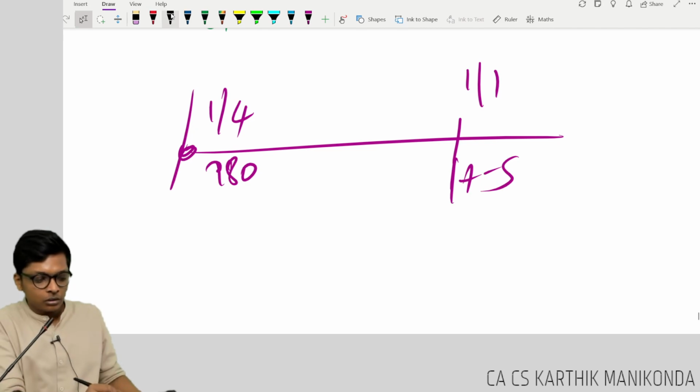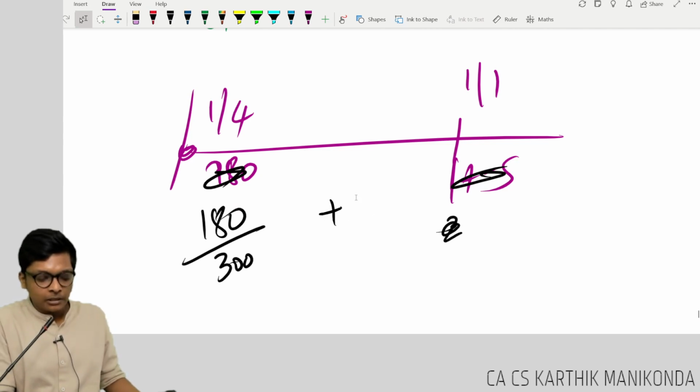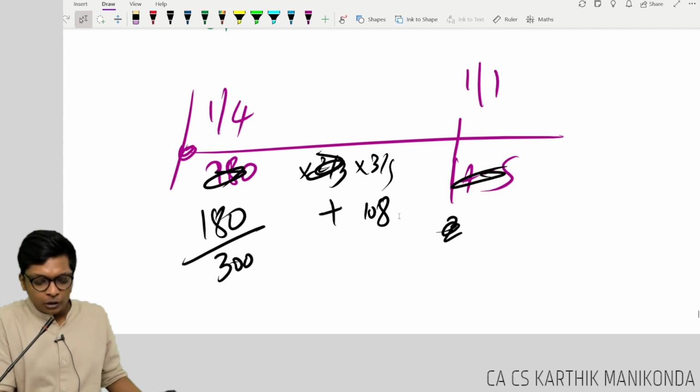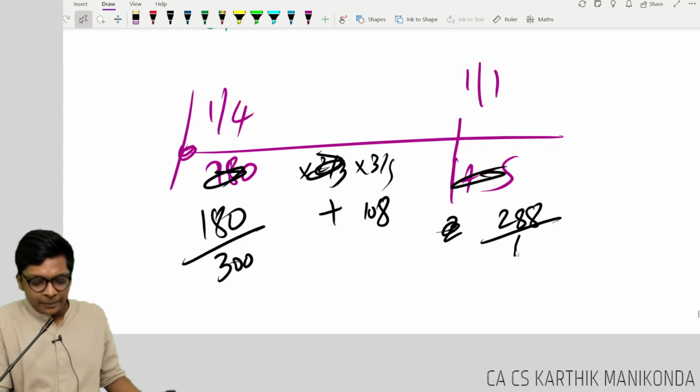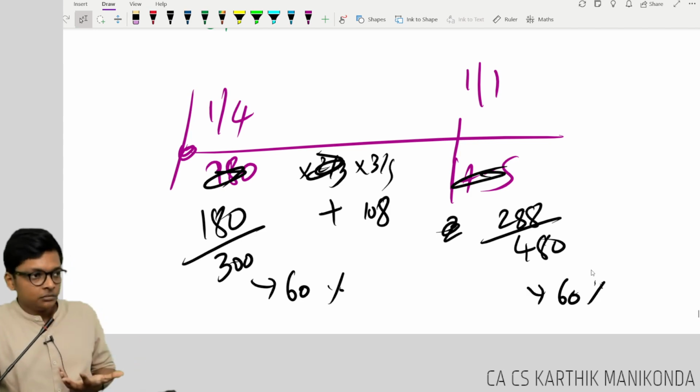No. Before bonus, we had 180 divided by 300. After bonus, it was 180 plus 108, 288 divided by 480, which is 60 percent. Here also already holding.